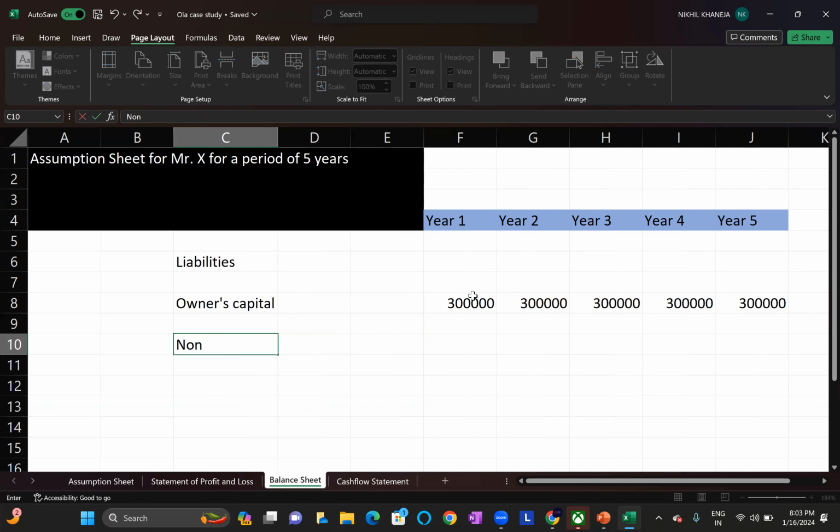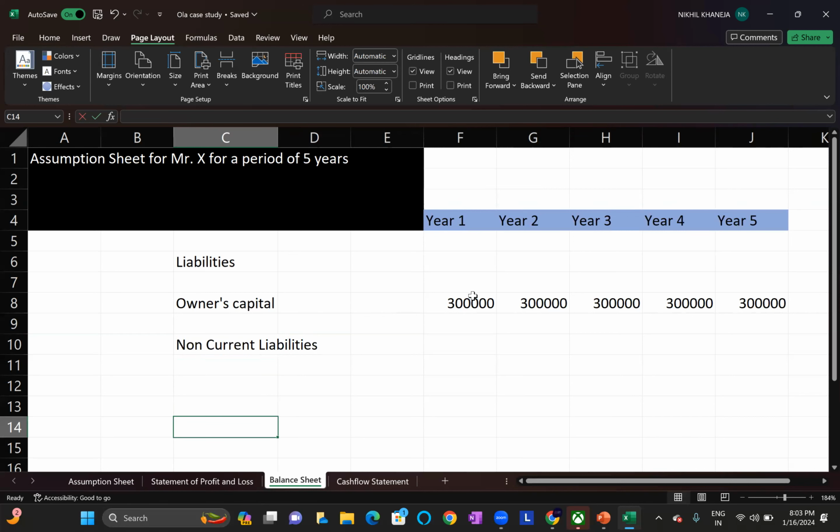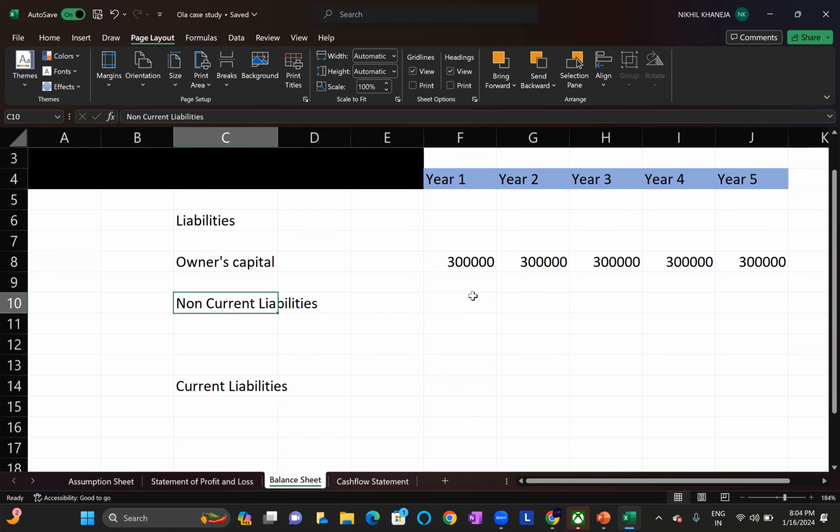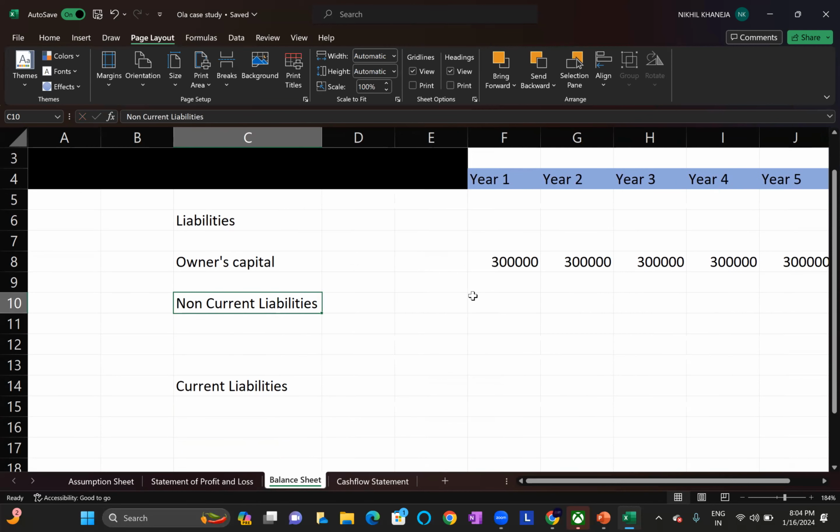Then non-current liabilities. The liabilities which are payable after a period of 1 year are called non-current liabilities, and liabilities which are payable within a period of 1 year are called current liabilities.